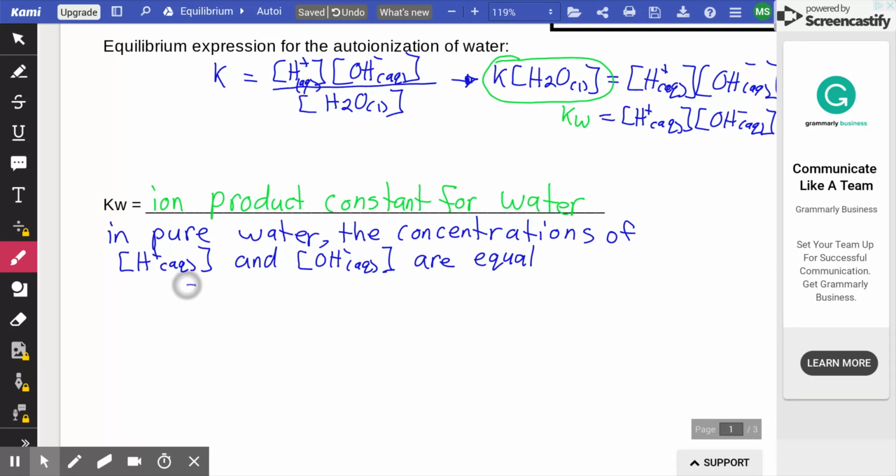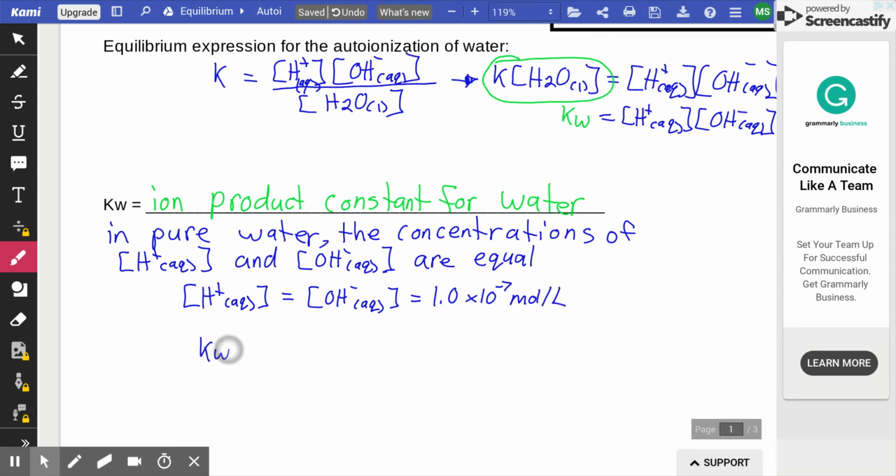In fact, both of them are equal to 1.0 times 10 to the negative 7 mole per liter.